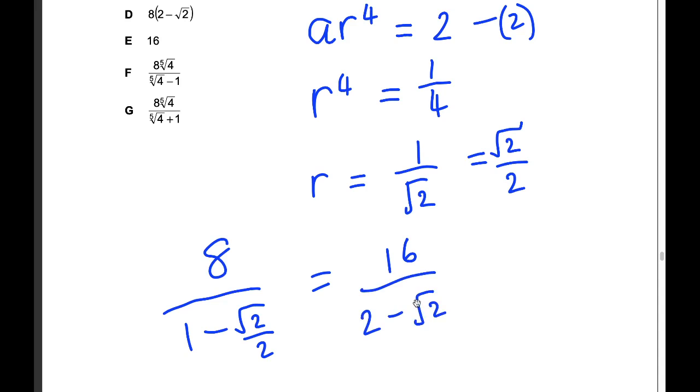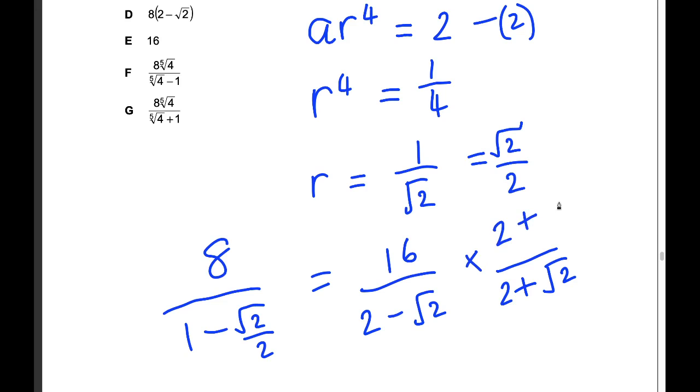And when I have a surd on the bottom, I want to multiply by a surd on top and bottom, but it's the surd that actually produces a difference of 2 squares. So this surd on the bottom is going to be 2 plus square root 2, because now we have a difference of 2 squares. That's going to eliminate the need for a square root on the bottom, and they always expect you to do that because nobody likes surds on the bottom.